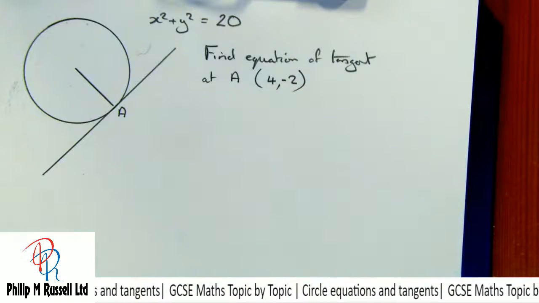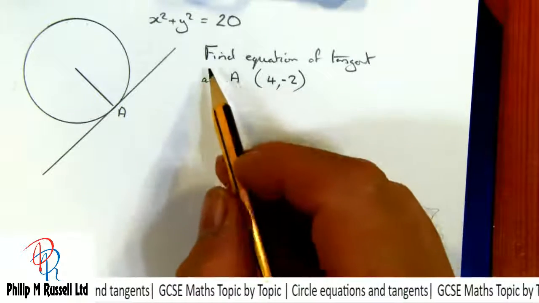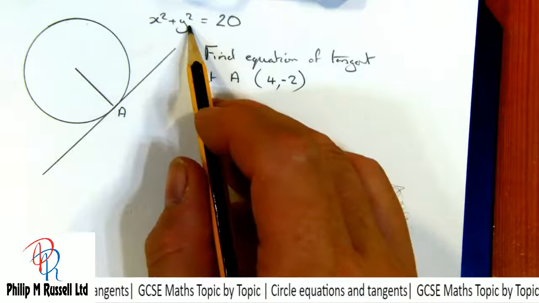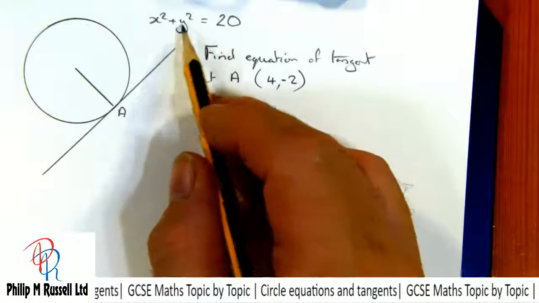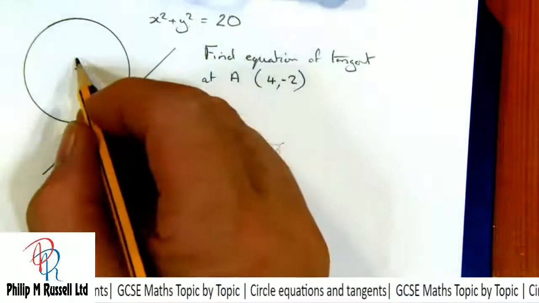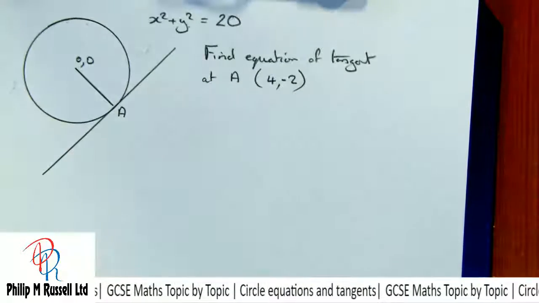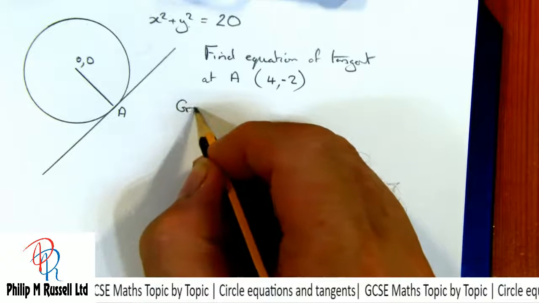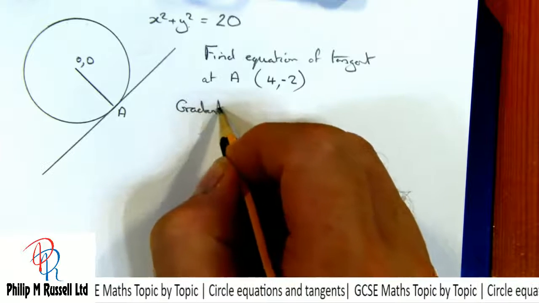Where do we start? Well, I know from this equation that the centre is simply at 0, 0. So we can work out the gradient of our radius.